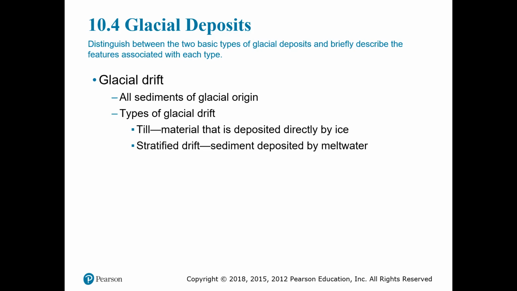This is the term that we use for all sediments of glacial origin, no matter how, where, or in what form they were deposited. Then we divide glacial drift down into two types: till, which are materials deposited directly by the ice, so directly by the glacier, and then the sediments that are deposited by the meltwater from a glacier are called stratified drift.